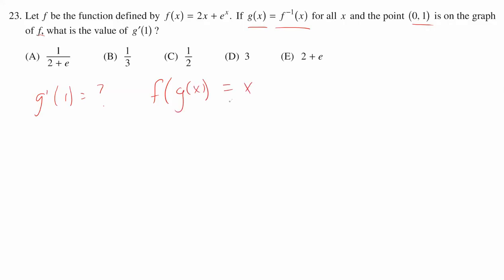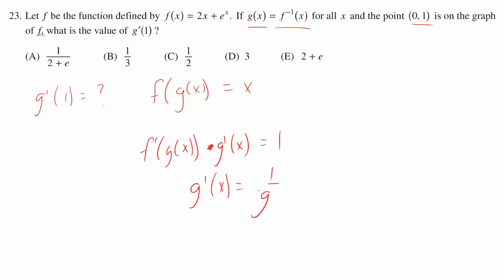That's our definition of the inverse. And if we use the chain rule over here, f prime of g of x times g prime of x equals 1, and we divide, we get our inverse derivative. g prime of x is 1 over f prime of g of x.